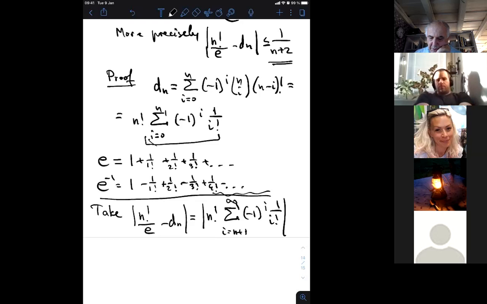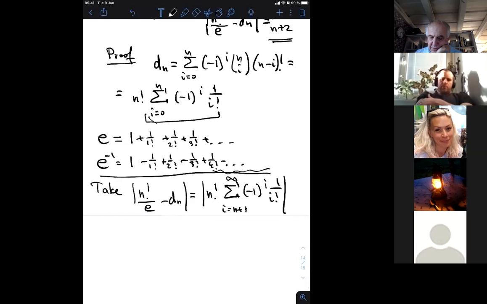And we can just take two terms in this thing, because this is an alternating series with quickly decreasing absolute values of its entries.